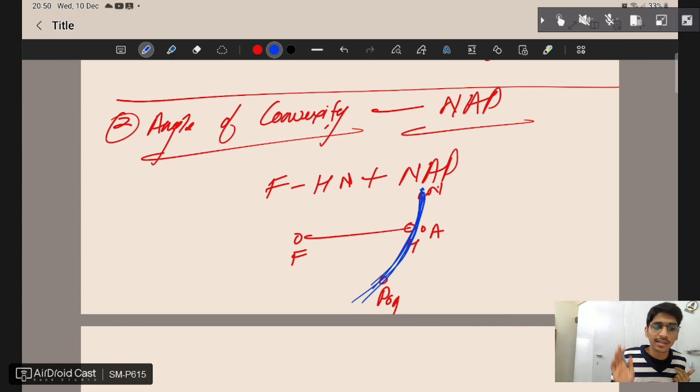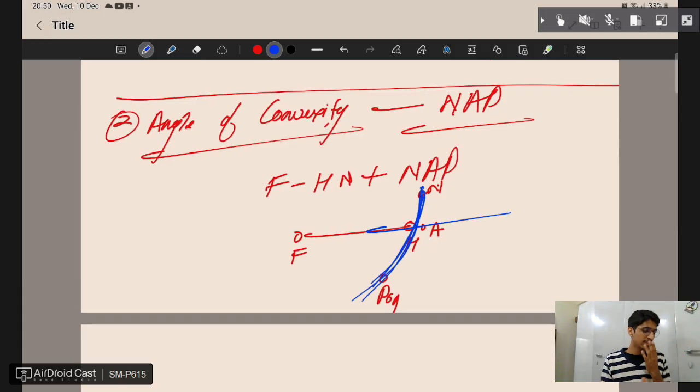In class 3, it becomes something else. So this becomes the average value. In facial angle, we calculated this angle. In the angle of convexity, we are measuring this angle. This is normally positive.